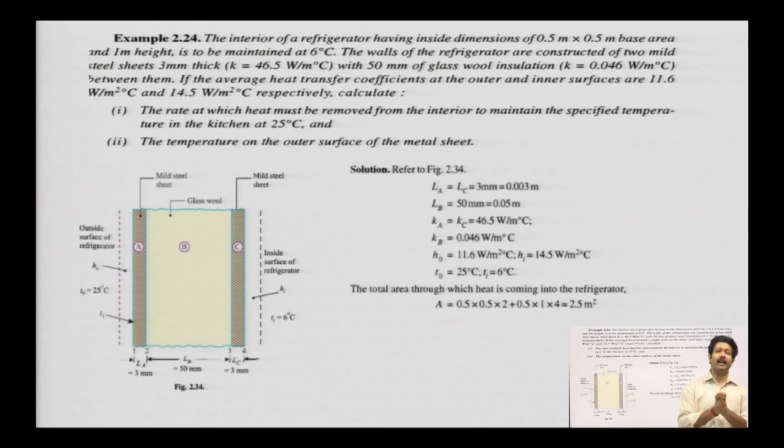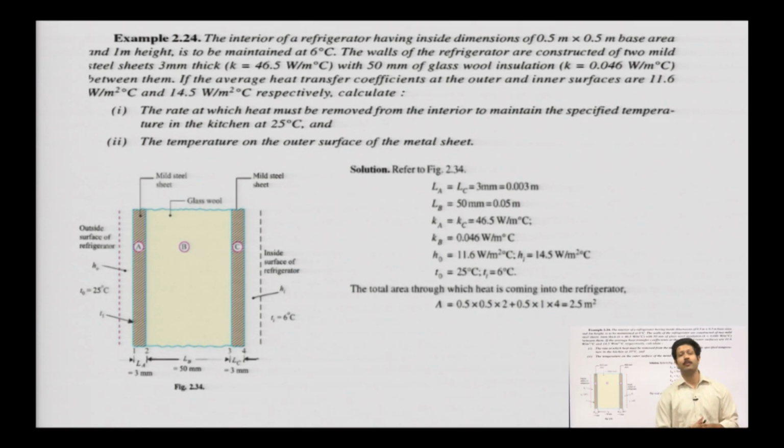See, again everything will be the same, only the values and the numerical have changed. So this is again a case of a composite wall. I have been doing composite walls from my previous 3 lectures. I hope the concept of the composite wall has come into your mind very tightly, and I don't think you will be able to forget it.